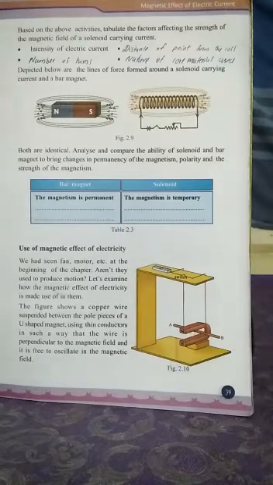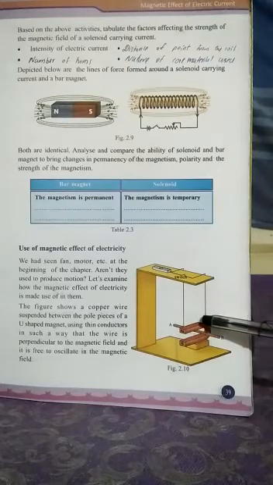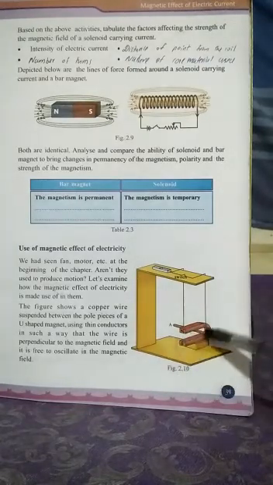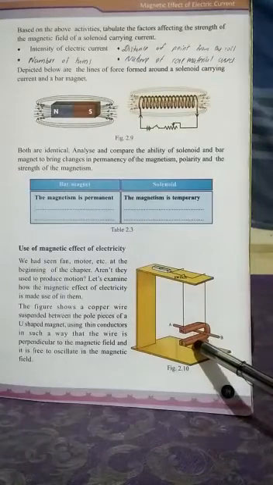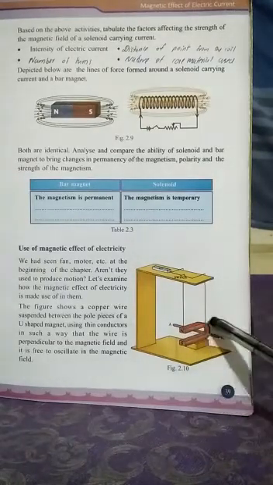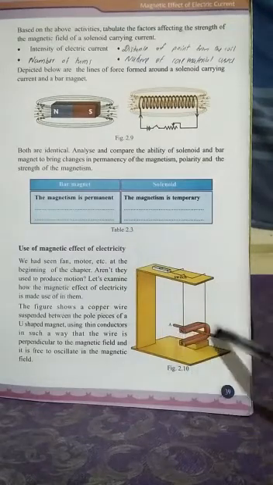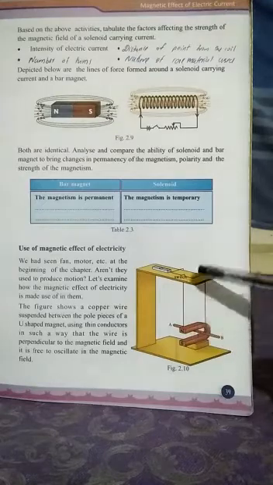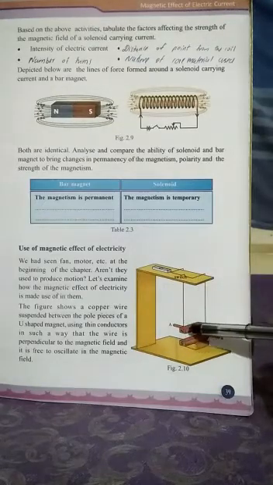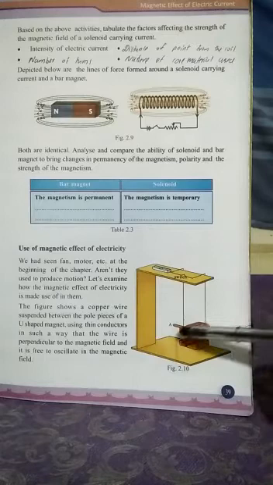Now, here you can see a diagram. A U-shaped magnet is fixed here, and AB is an aluminium rod which is hanging freely within the magnetic field of this U-shaped magnet.